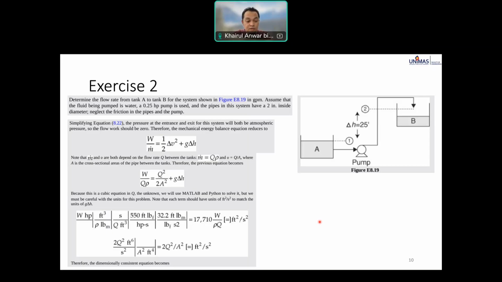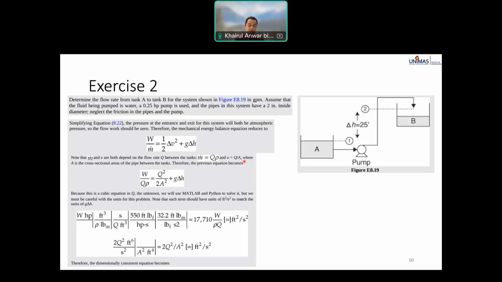So W over Q rho, where Q is the flow rate and rho is the density. Then Q squared over A squared, that one refers to the velocity here. So flow rate divided by cross-sectional area equals velocity.